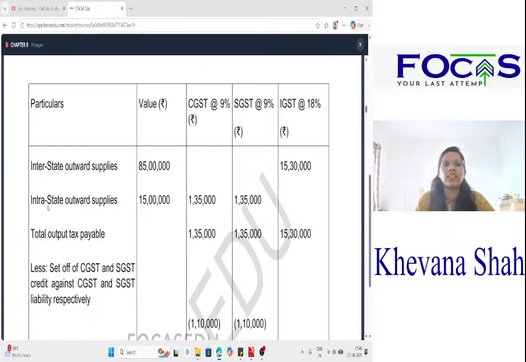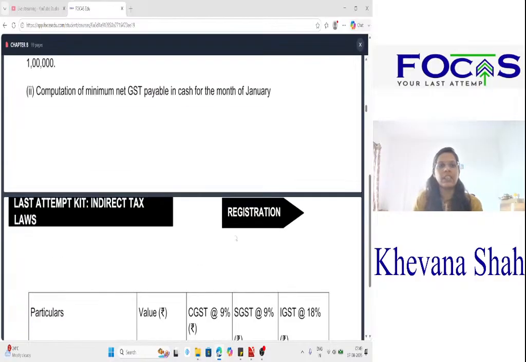Then you have interstate supplies, which is 15 lakhs. Since this is interstate, you will have CGST and SGST. On 15 lakhs, CGST and SGST each at the rate of 9% comes out to be 1 lakh 35,000. Now your total output tax payable will be 1 lakh 35,000 CGST, 1 lakh 35,000 SGST, and 15 lakh 30,000 as your IGST.